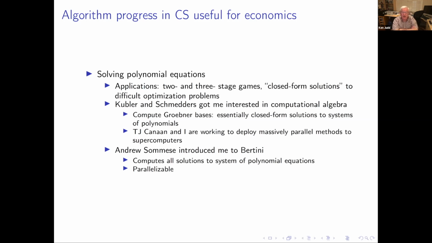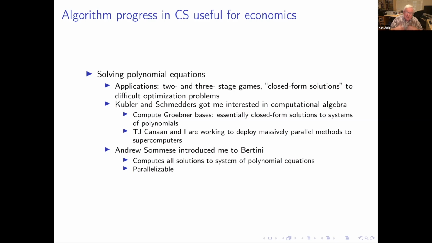Well, that's where computational algebra comes in. Now, Felix and Carl got me interested in part of this, the very mathy theory part called Gröbner bases. With Gröbner bases, you take a system of polynomials and transform it into something that I would argue is essentially a closed-form solution to systems of polynomials.